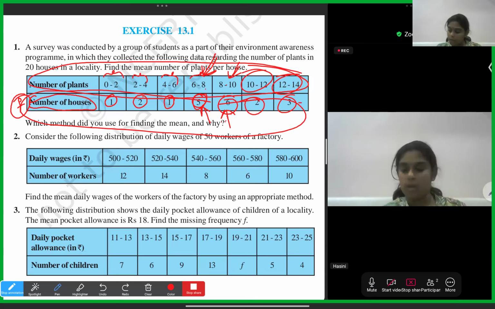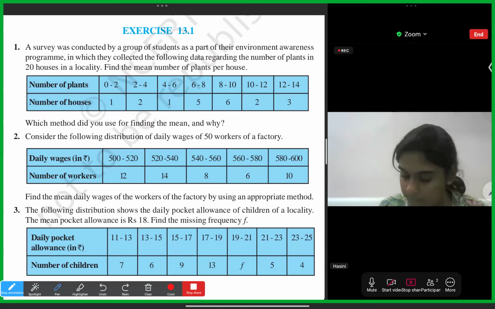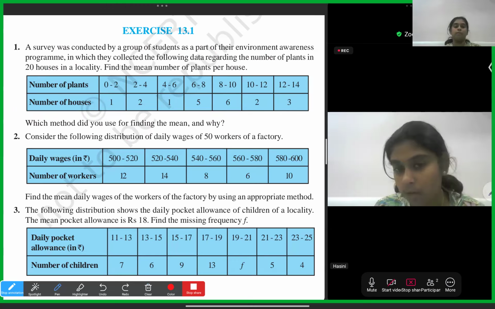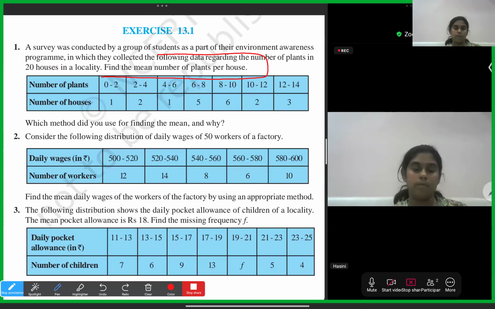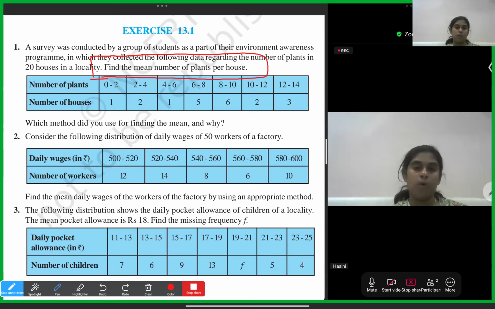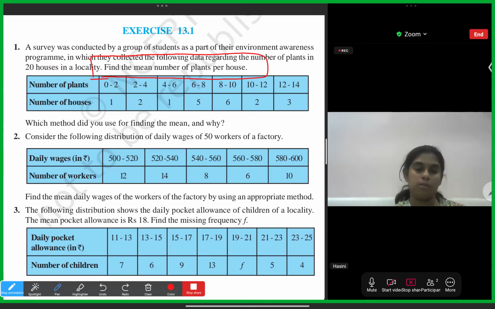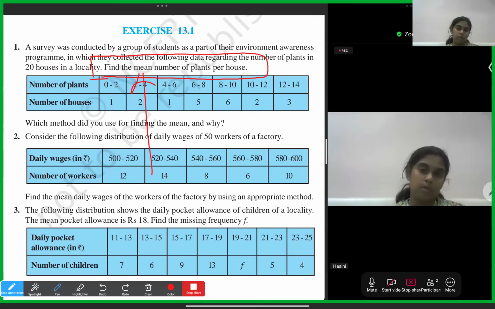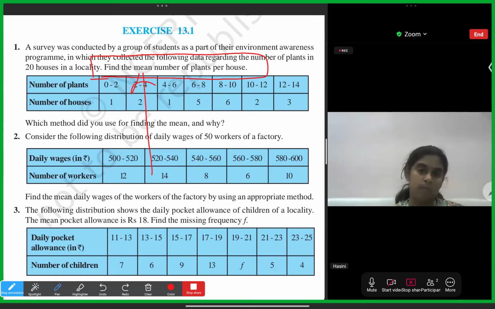Now, for this group of data, find the mean number of plants per house. That is the question.